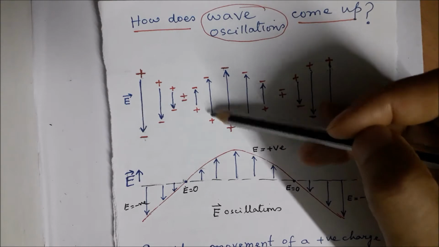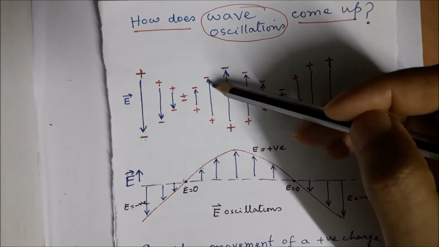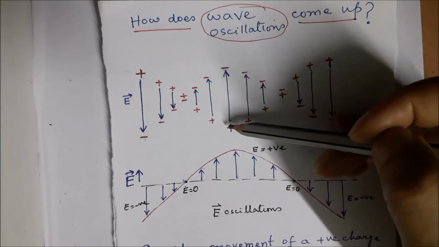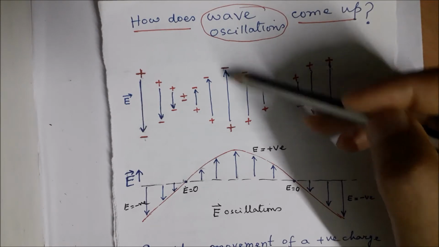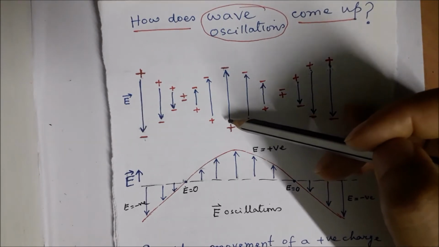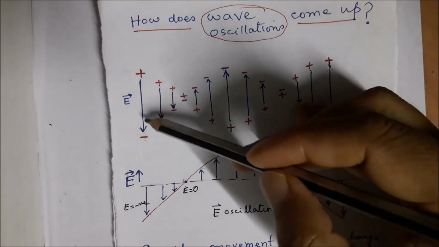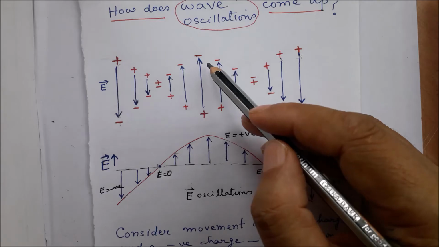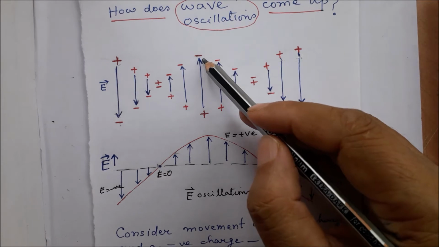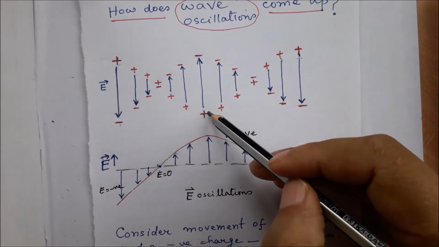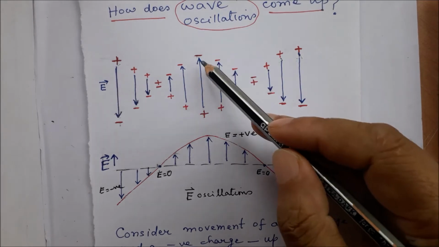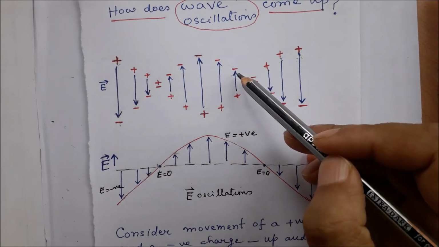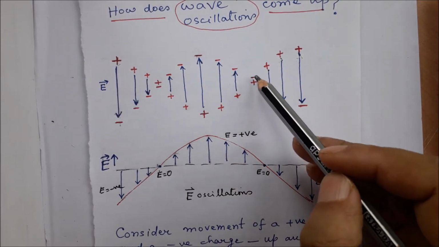The process continues and the lines increase in size, and ultimately we end up here where the negative charge is on top and the positive charge at the bottom. The separation is maximum as in this situation. The negative charge now moves down and the positive charge moves up, so that the electric field now diminishes to be 0 at this point.